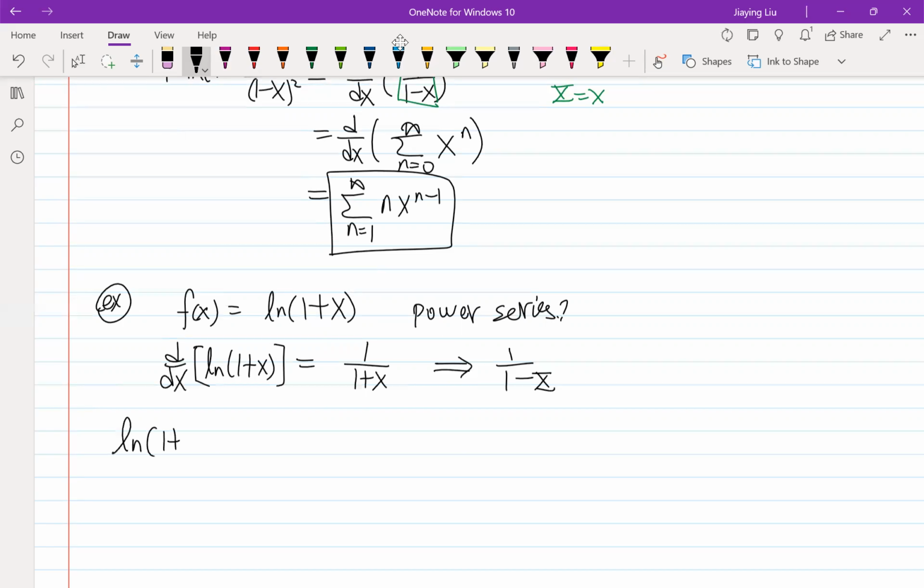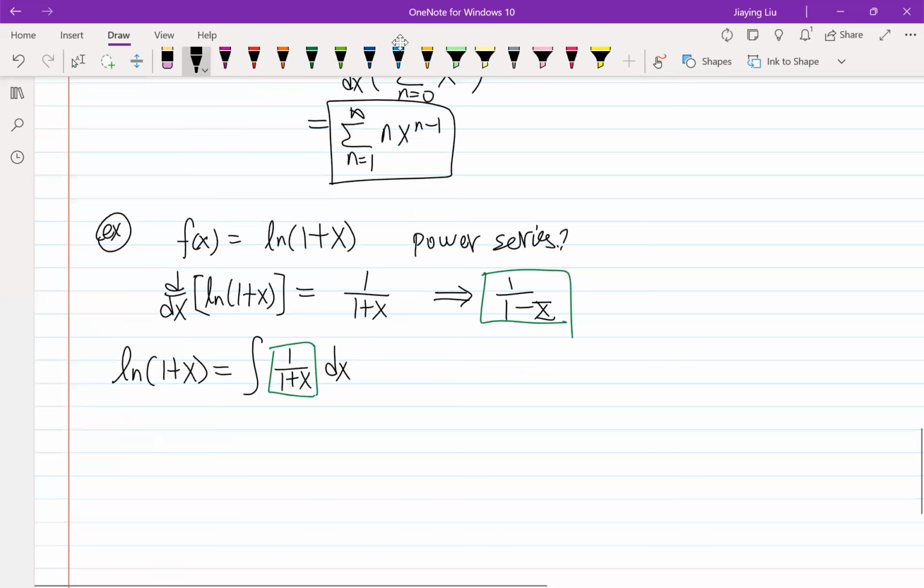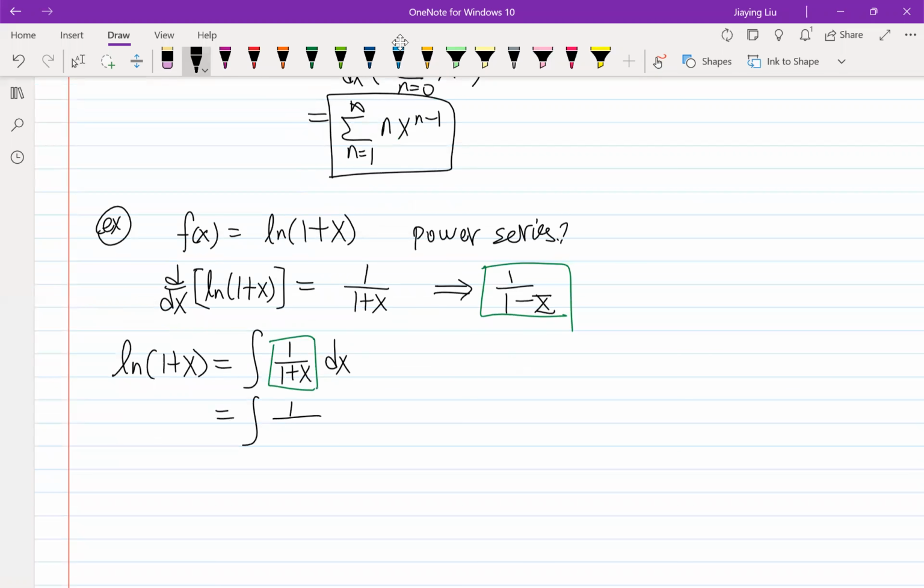Natural log of 1 plus x is equal to the integral of 1 over 1 plus x dx. And with this part, we can convert it into the 1 over 1 minus capital X form, and that will give us the power series, which we can integrate to get the power series for natural log. So that will be the integral of 1 over 1 minus a negative x dx. The capital X is equivalent to the negative x here.